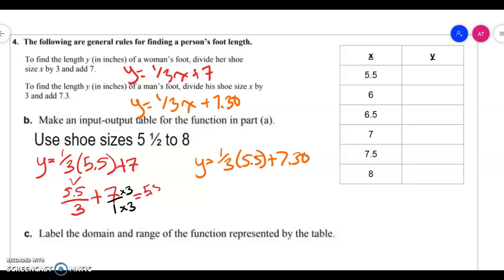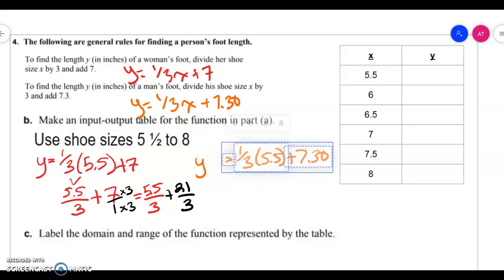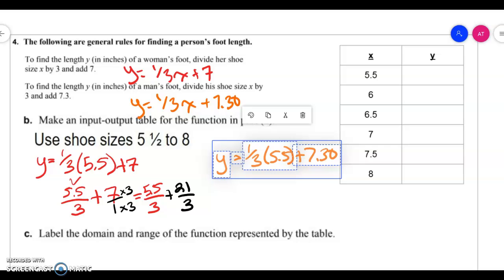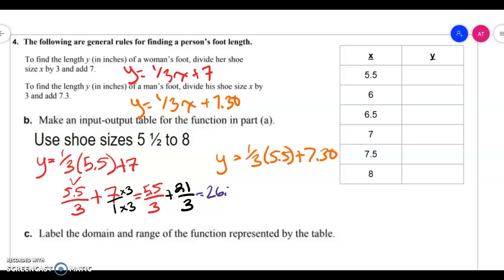So now I have 5.5 over 3 plus 7 times 3, which is 21 over 3. 21 plus 5.5 is going to give me 26.5 divided by 3. If I divide that by 3, we're going to get 8.8. So for the women, I'm going to put 8.8.